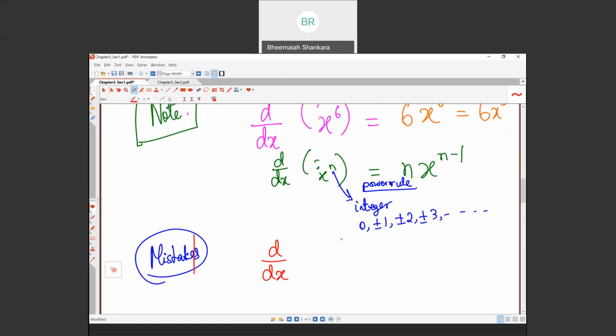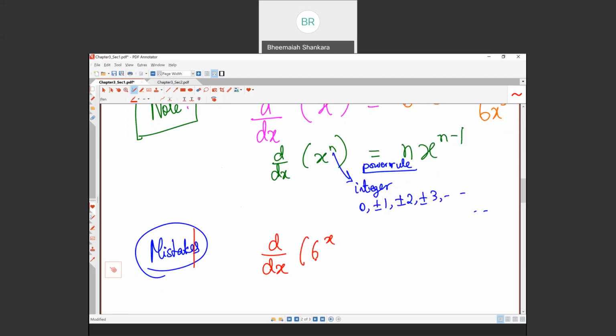Rather than x to the 6, let me write 6 to the x. Sometimes students do this. They read this as an exponent x, and they do a typical power rule like this. They move x to the front, they write x, and they write 6, and they reduce the exponent by 1, so they do x minus 1.